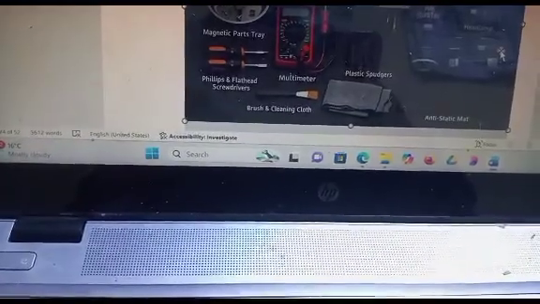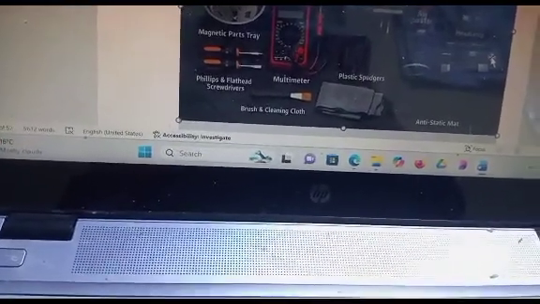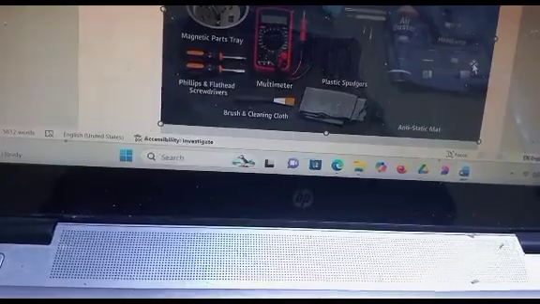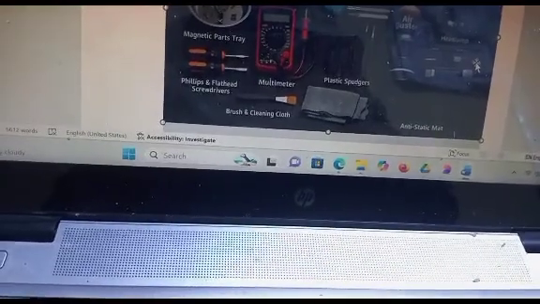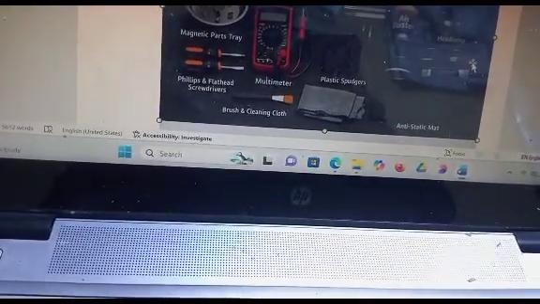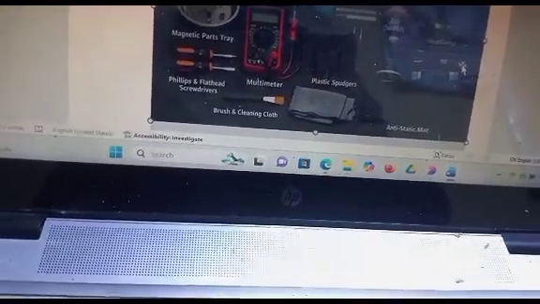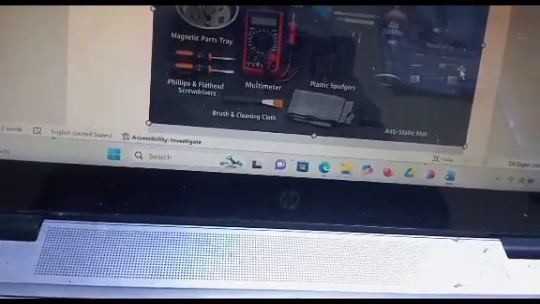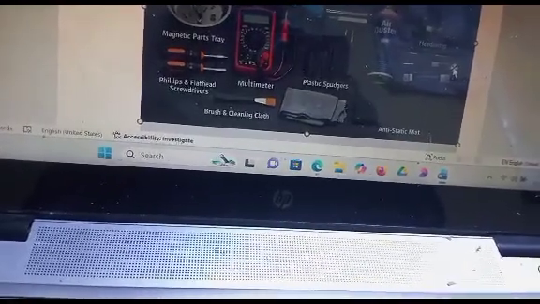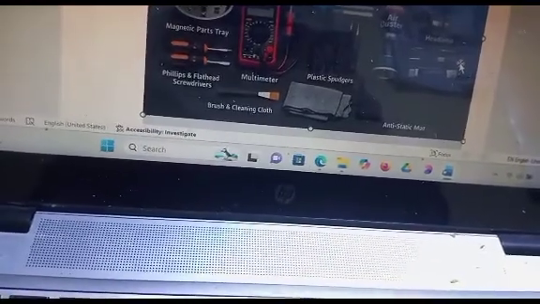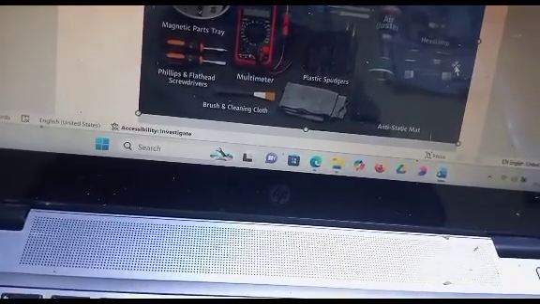We have the multimeter where you measure, then brush for cleaning. We have plastic sponges. Then we have an air duster, or you can use a blower if you don't have that one. Then we have an anti-static mat where you place the motherboard on top of it when you are repairing.